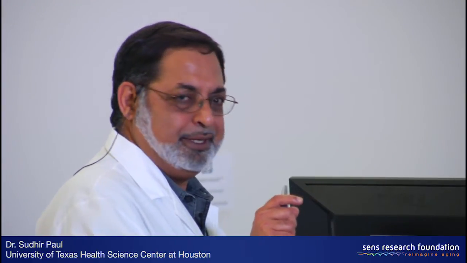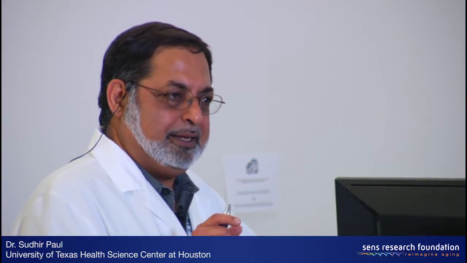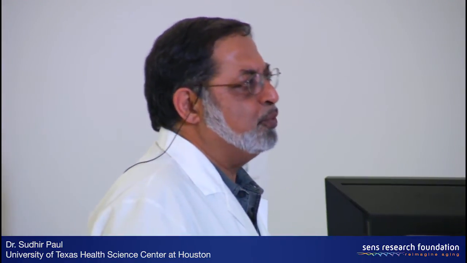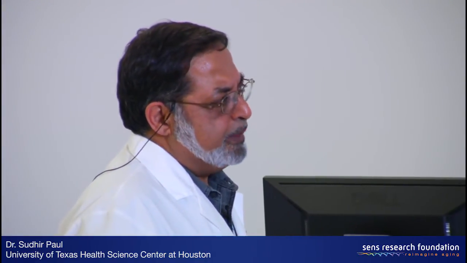Yet another mechanism is for antibodies that do not get into the brain. Remember, only a very small proportion of antibodies can get in, something like 0.01 to 0.1% of the antibody that's injected actually gets into the brain.